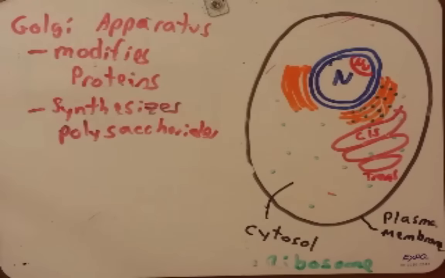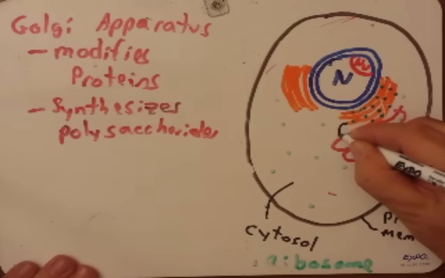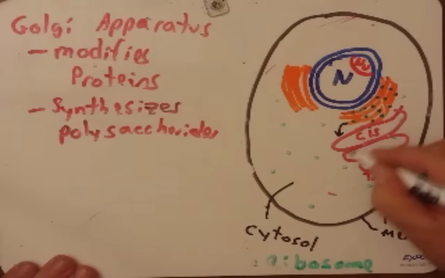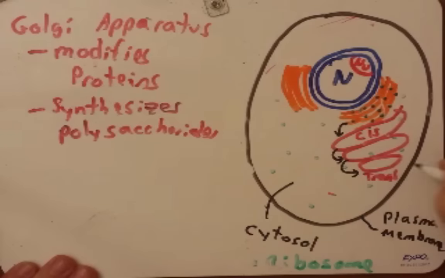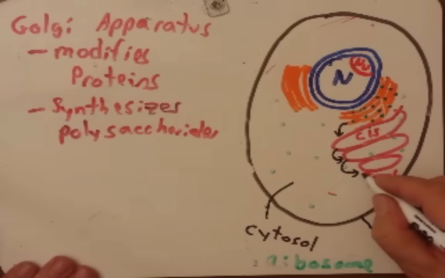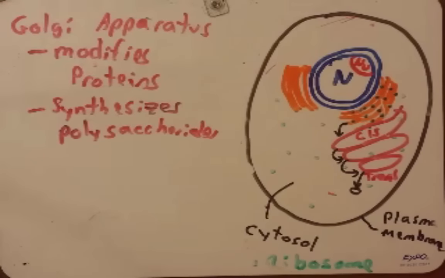Now you're going to get a lot more of this when you take a cell biology course, but what you should know, or just keep in the back of your mind, is that vesicles move from the ER to the cis, and then from the cis to the different other layers of the Golgi until ultimately they are released as a vesicle containing a very special protein that was made through processing it through the ER and the Golgi. Okay, that's all I want you to know about the Golgi.